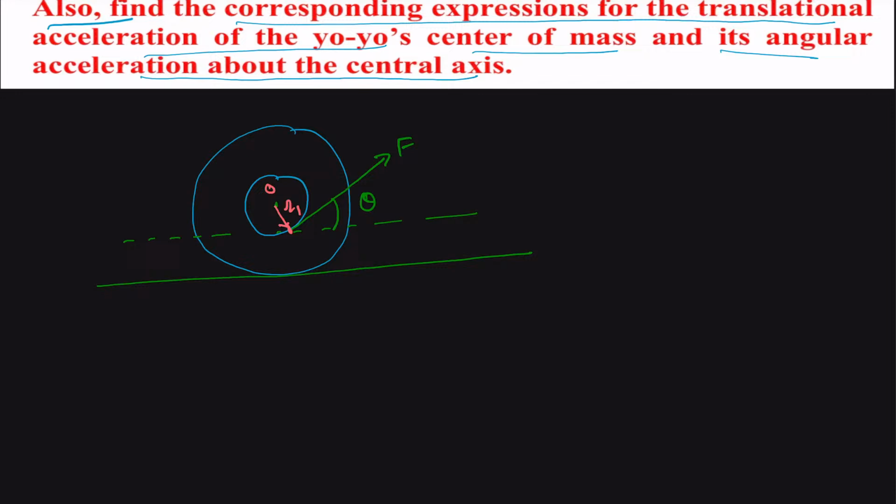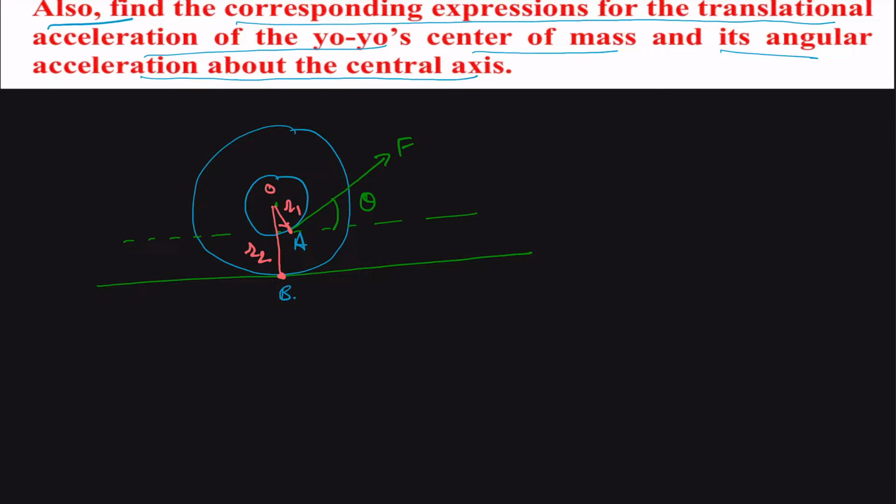And there is a point of contact, let us call the position vector of this point of contact R2. So these R1 and R2 are the position vectors, and let us call this point A and this point B. So R1 is the position vector of point A where the force F is being applied, and B is the point of contact where R2 is the position vector.